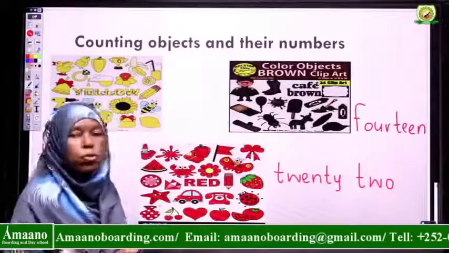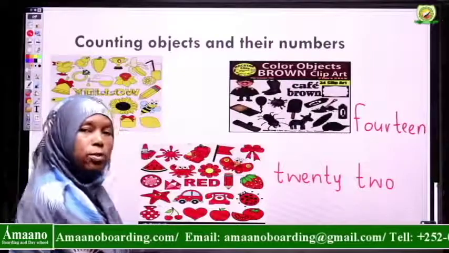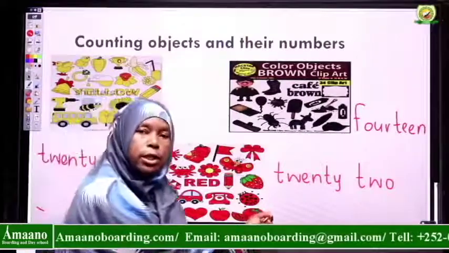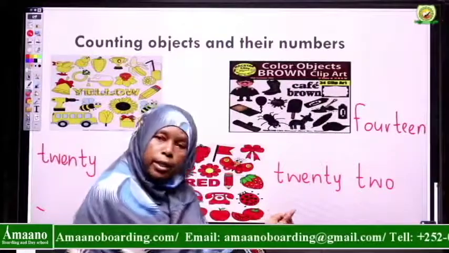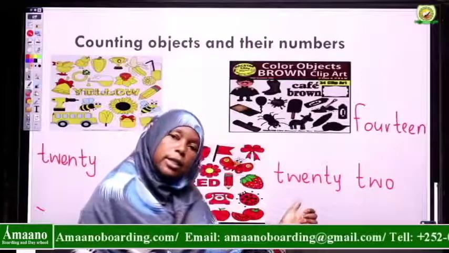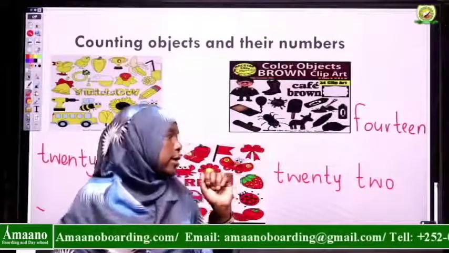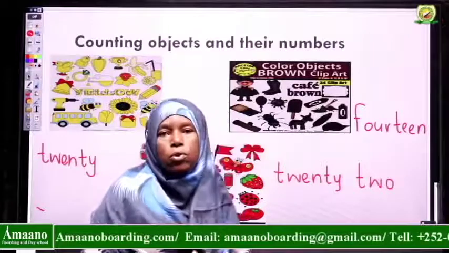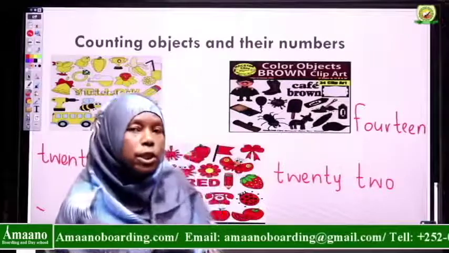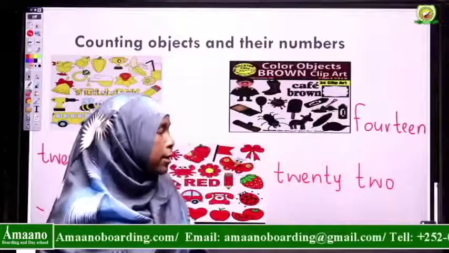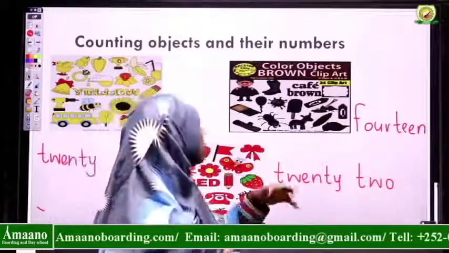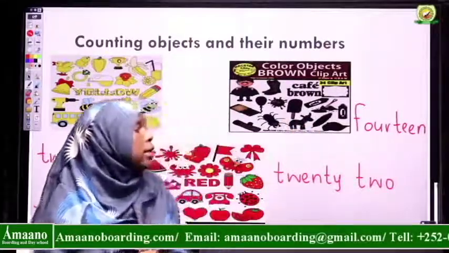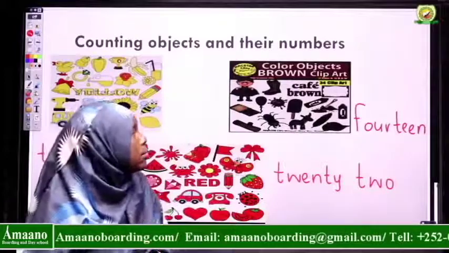They are 22. So we spell 22 together. T-W-E-N-T-Y. And then number 2, T-W-O. That should give us 22 red objects.